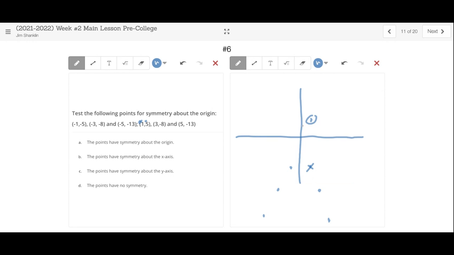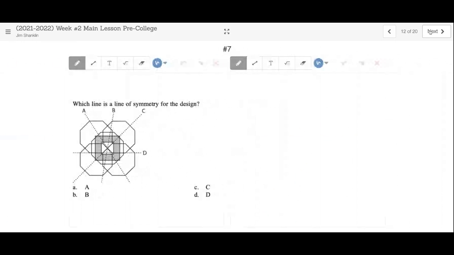So if this point is up here, then it doesn't have any lines of symmetry. Now, if the point was here, then it would have a line of symmetry about the y-axis, but it wasn't. So the points have no line of symmetry there. Yeah, I thought I changed it, but I guess I didn't. So we'll go with letter D from the answer key.